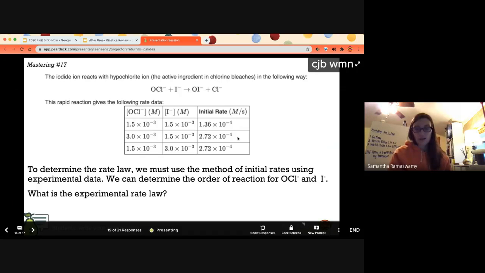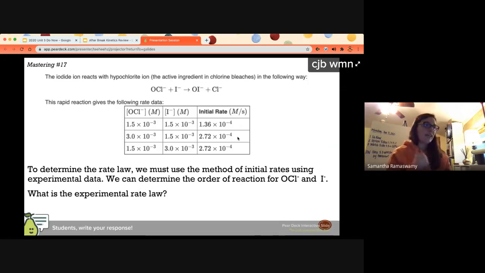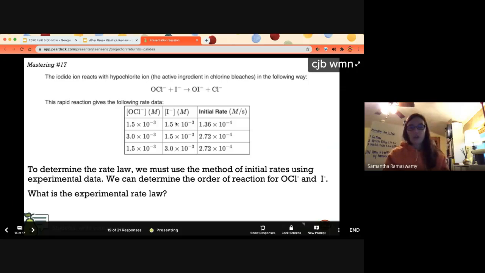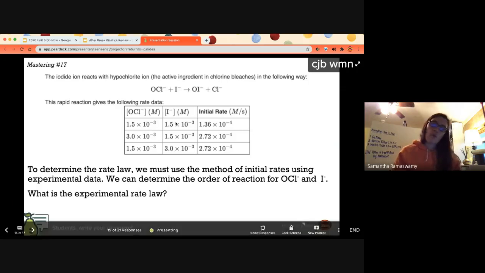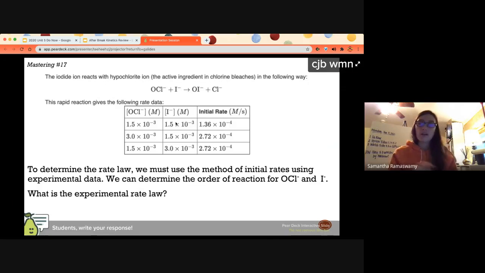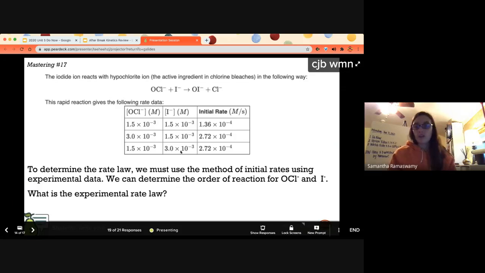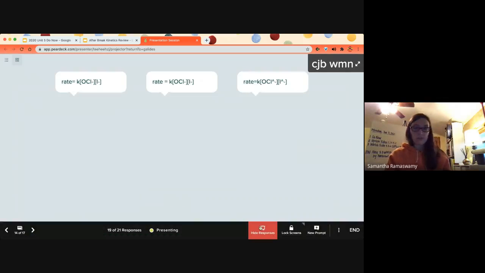That's first order. So OCl minus is first order. Then look at how I minus changes. I minus changes from trials 1 to 3 as OCl minus stays constant. From 1 to 3, I minus doubles, the rate also doubles. So that means that I minus is also first order.